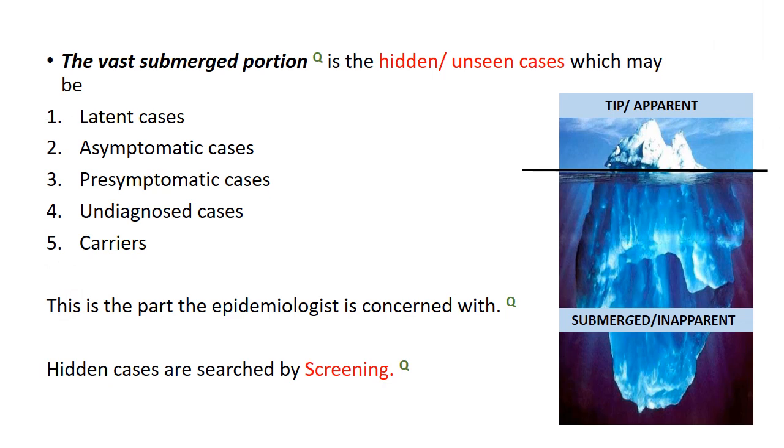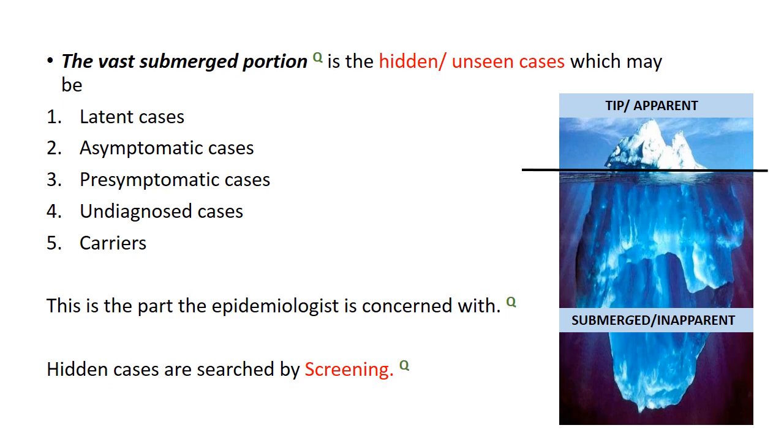Let's get to the submerged portion or the major chunk of the iceberg which remains hidden because it is beneath the level of water. Now, let's take a situation where a sailor is not aware about the submerged portion of the iceberg, and that is why if a ship unfortunately hits the iceberg, he won't be able to mitigate the losses or the impact of the submerged portion.